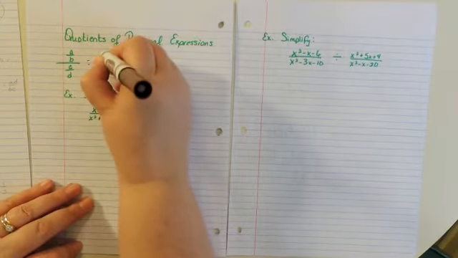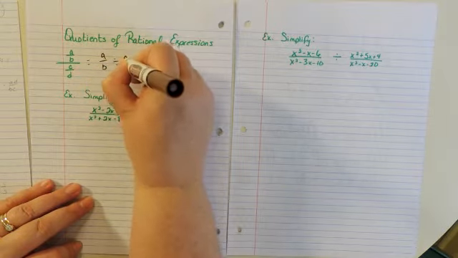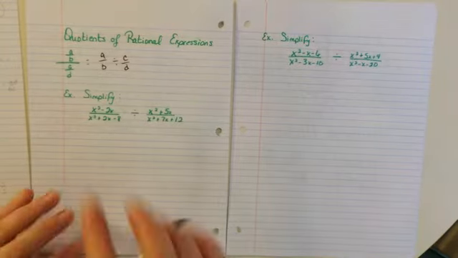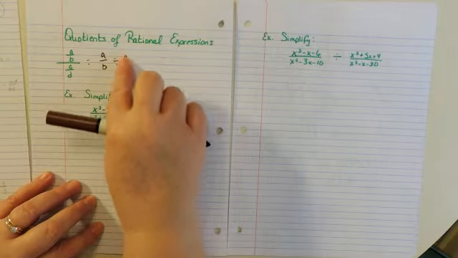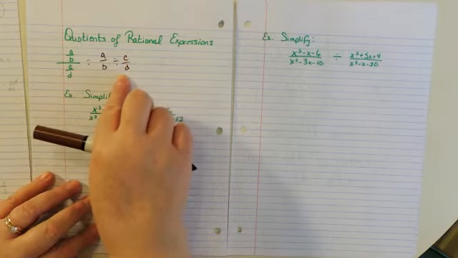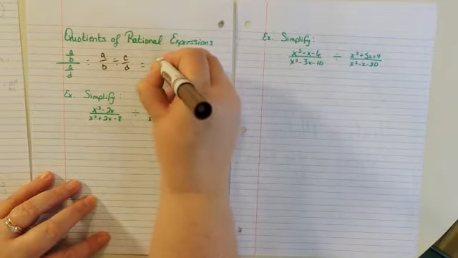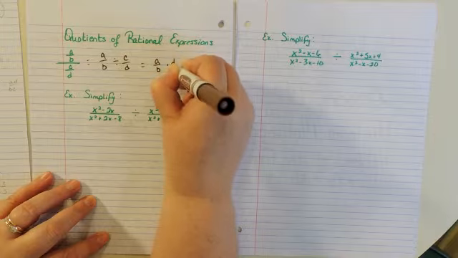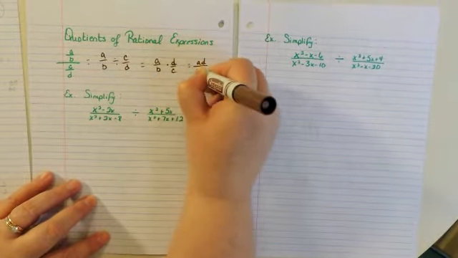Another way to write this would be a over b divided by c over d, right? And when we divide like this, we change this to multiply and we invert this fraction, correct? So that would be a over b times d over c, which we can simplify as ad over bc.